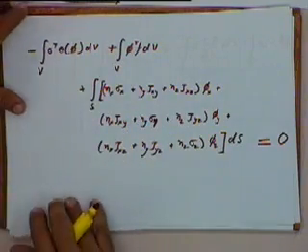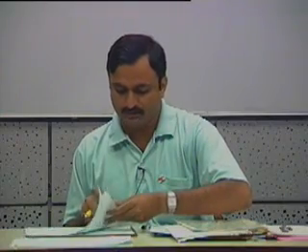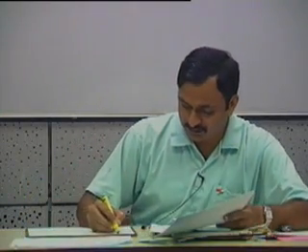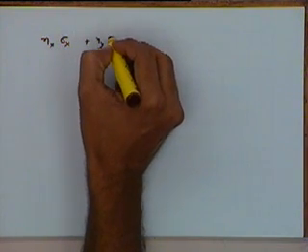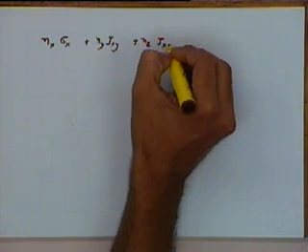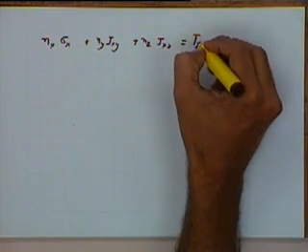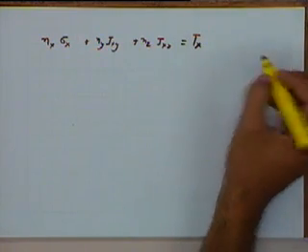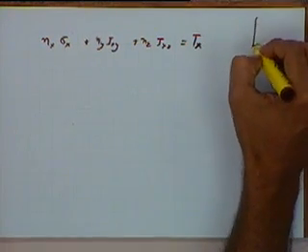Now let us again look at the equation that I had given in the beginning of the first lecture on finite elements. We had a set of equations like this: nx sigma x plus ny tau xy plus nz tau xz is equal to Tx. This is for any element on the surface.